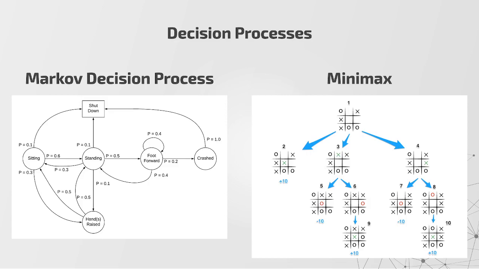For example, if it starts at standing, there's a 50% chance its next action is to take a step forward. From there, it might take another step forward with a 40% chance, and then it might end up in a crashing state. But the point is that you can model these things with simple graphs.